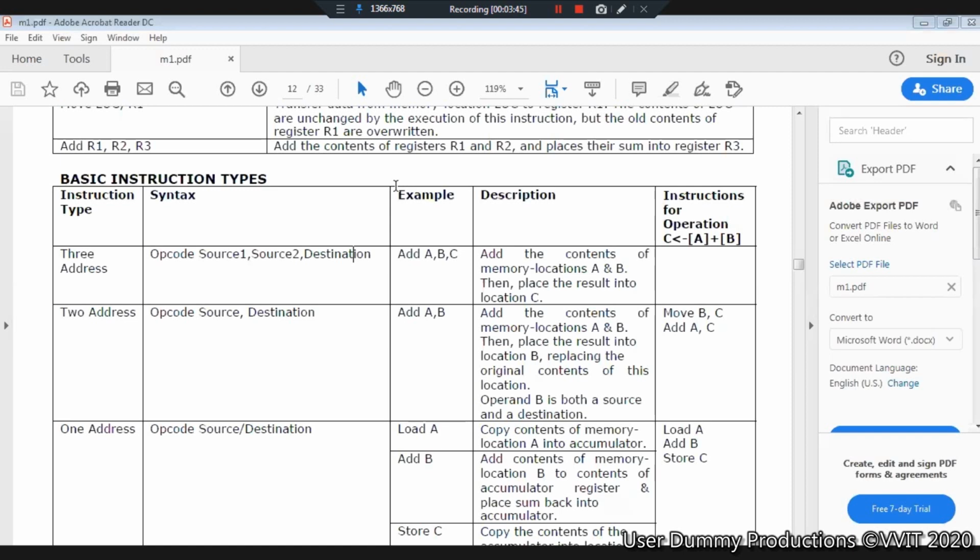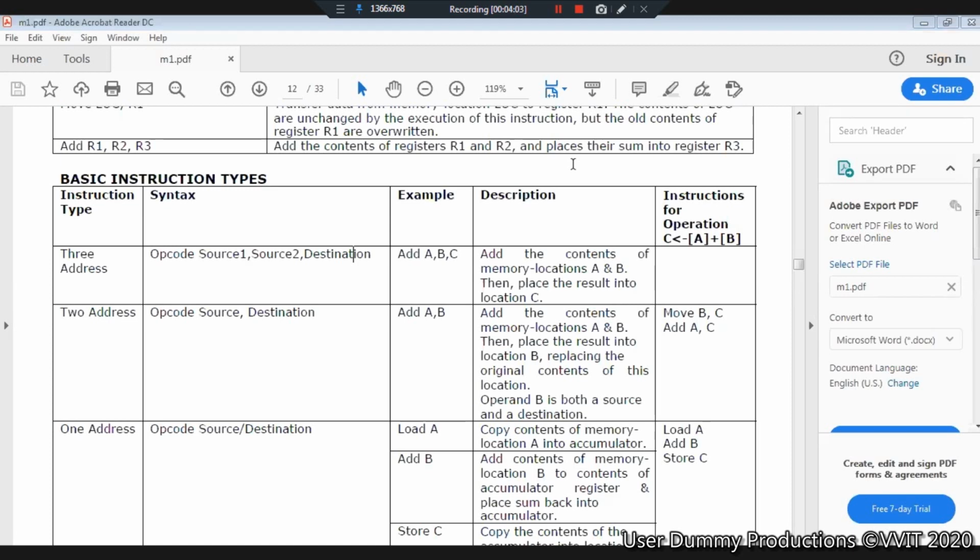Two address instruction type is where you have the opcode and the source and destination. Which one are you telling about? Explain the three address instruction first.